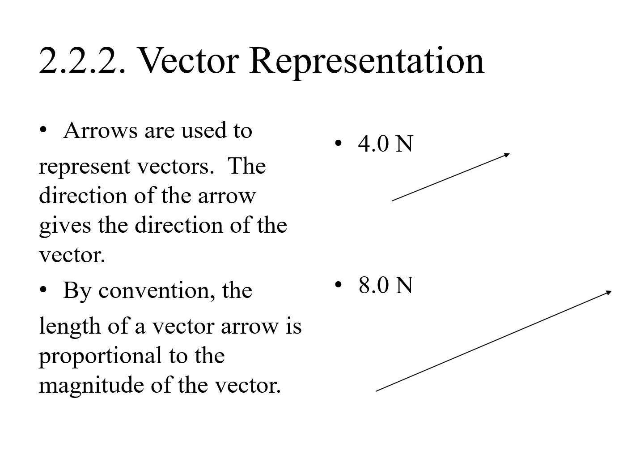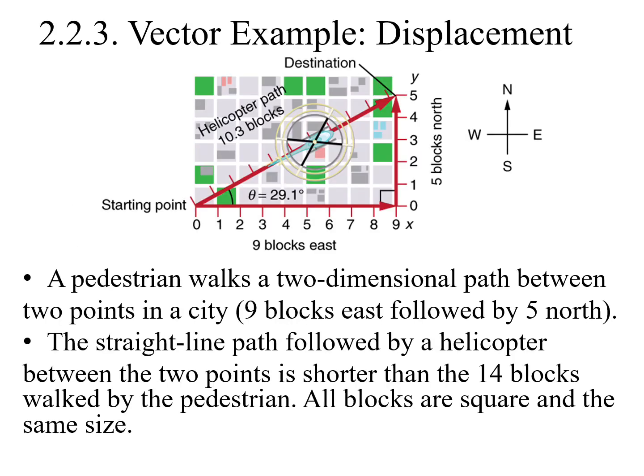Now let us connect this idea to displacement. This example shows the difference between path length and displacement. A person walks 9 blocks east and then 5 blocks to the north. So the total walking path is 14 blocks.